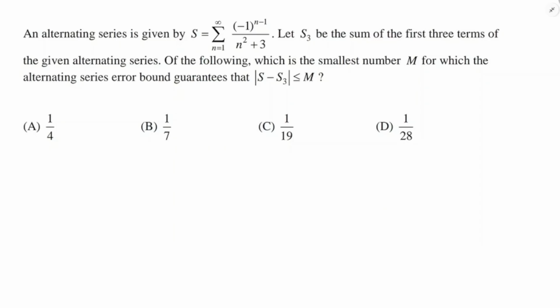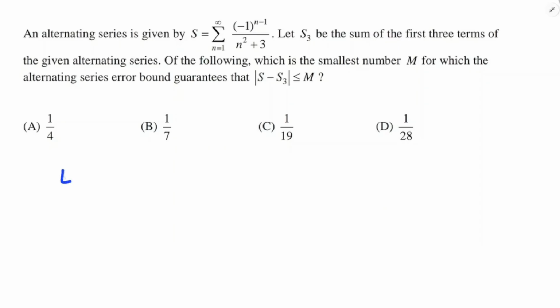Here's a multiple choice question I think would be good for us at this point. An alternating series is given by S. Let S_3 be the sum of the first 3 terms of the given alternating series. Of the following, which is the smallest number m for which the alternating series error bound guarantees that the error in approximating S using only 3 terms is m? Well, that means it would just be the 4th term. We're going to use the first 3 terms, so that's n equals 1, 2, and 3.